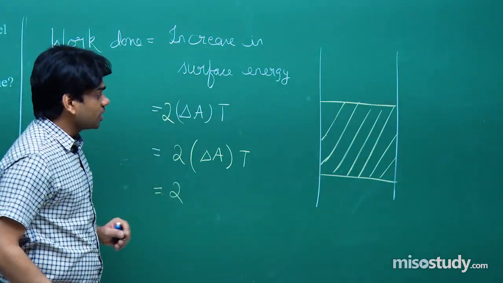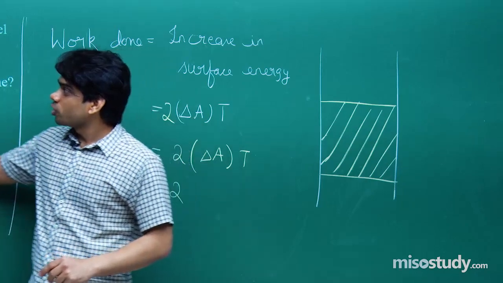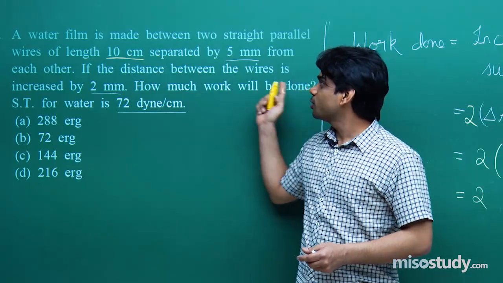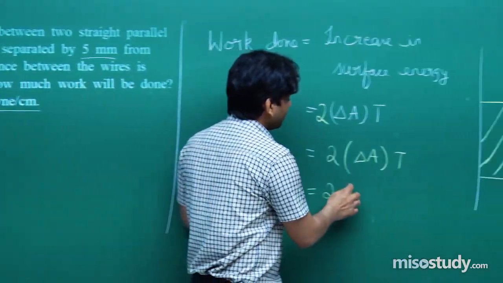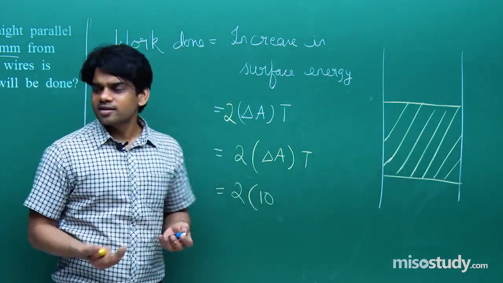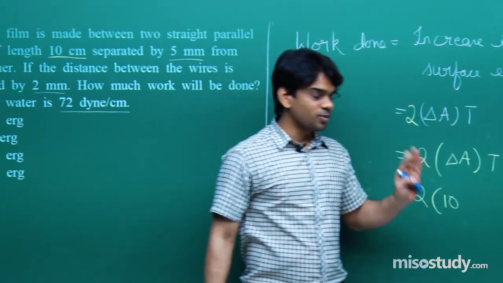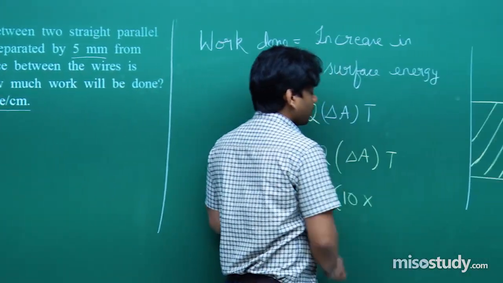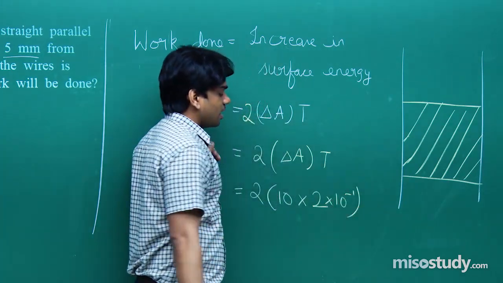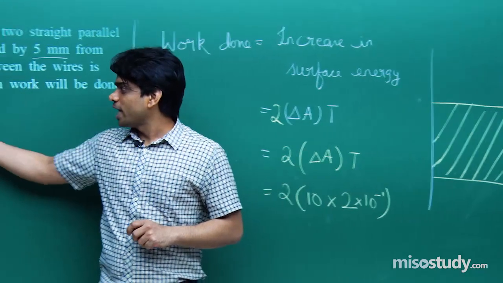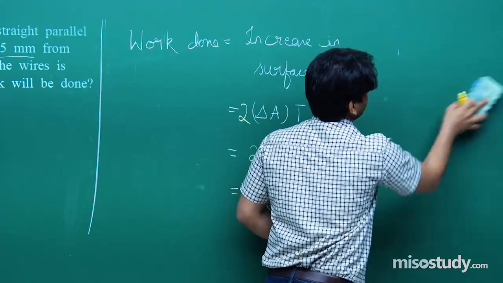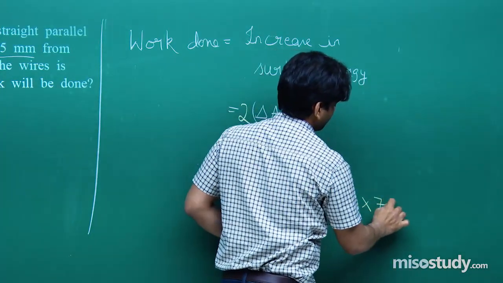You see the length is given as 10 centimeter, wire of length 10 centimeter, separated by 5 mm from each other, and the distance between the wires is increased by 2 mm. So let me write here 10 centimeter, and because the answer is given in ergs, you can keep the unit in centimeter. 10 centimeter multiplied with the increase, 2 into 10 to power minus 1, and the value of surface tension is given as 72 dyne per centimeter.